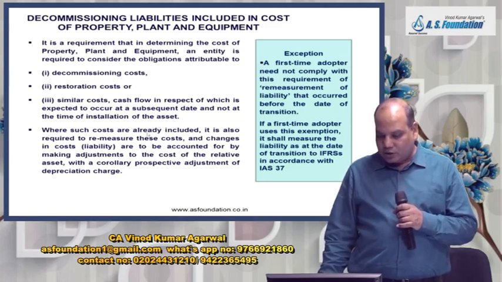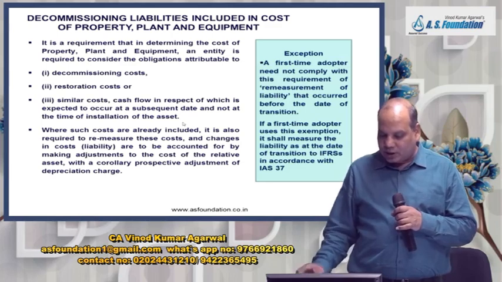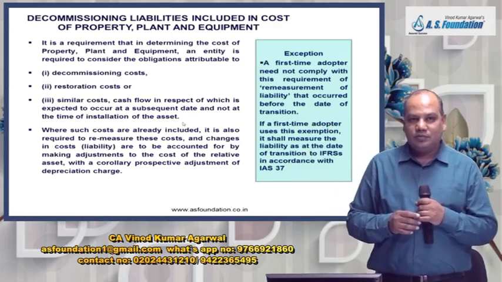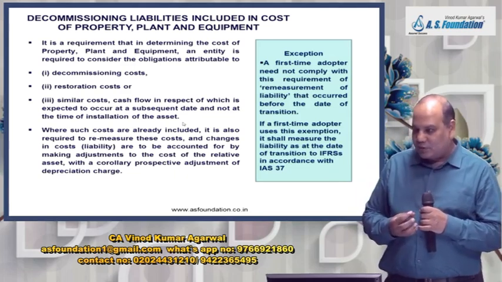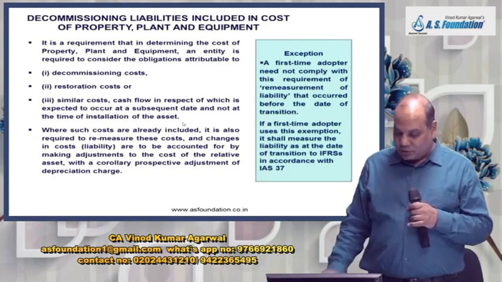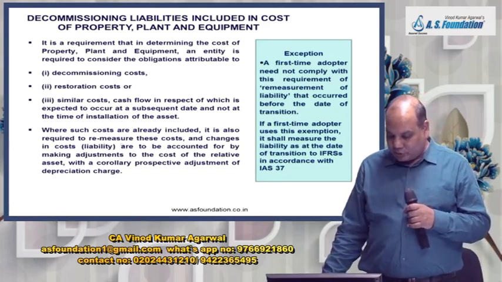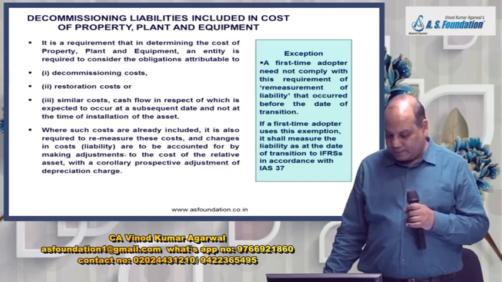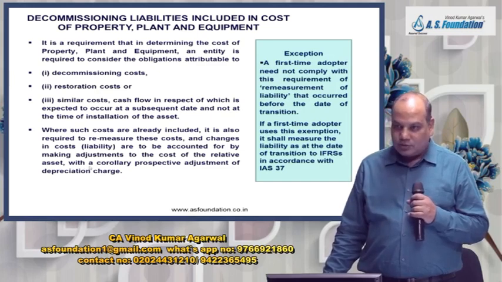So what we have done in this IAS 37 and IAS 16: estimate the decommissioning obligation, compute the present value, adjust in the cost of the PPE. Subsequently, if there is a change in the liability, then we have to make adjustment in the cost of the asset also.